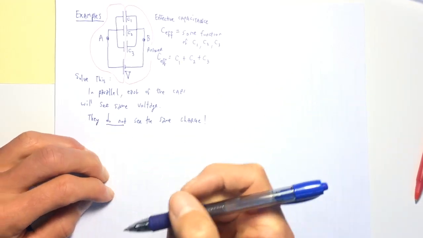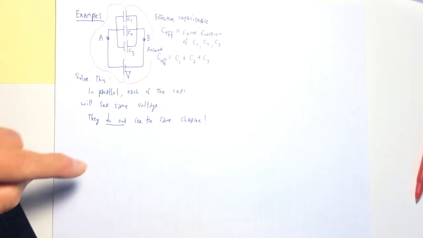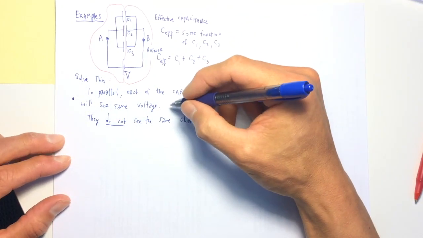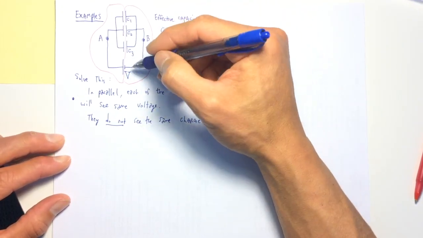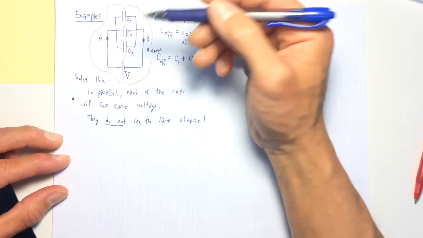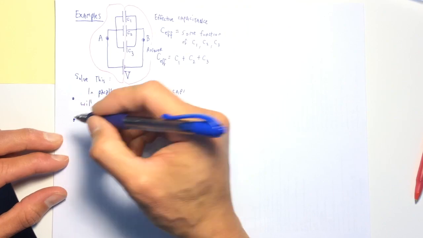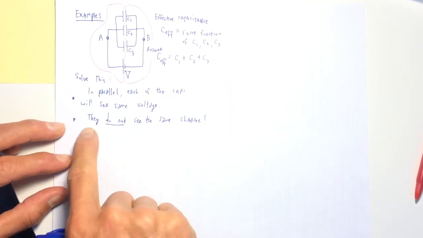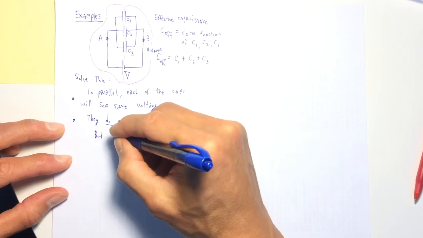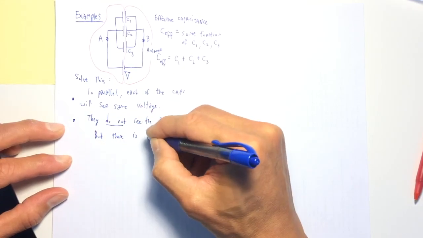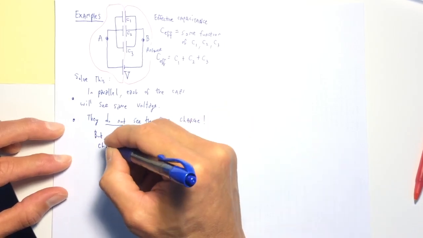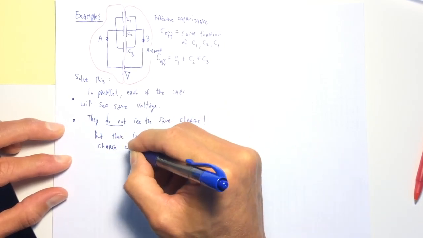So they do not, in general, see the same charge. So I've got this algebra statement that V equals VC3 equals VC2 equals VC1. And another statement is they don't see the same charge, but there is an overall charge conservation.